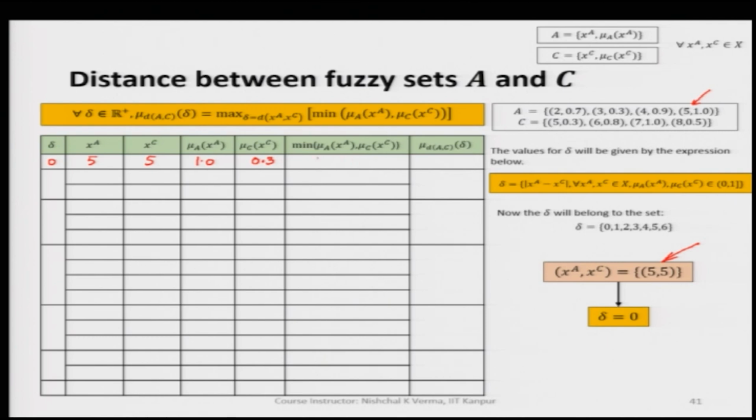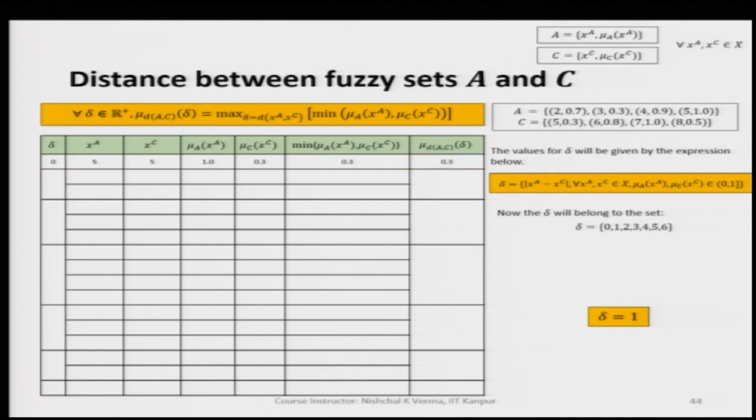When we take the minimum of these two, we get 0.3. For delta is equal to 0 we have only one row, so the max of 0.3 is straight away 0.3. This way we are able to enter the first row values for delta is equal to 0.